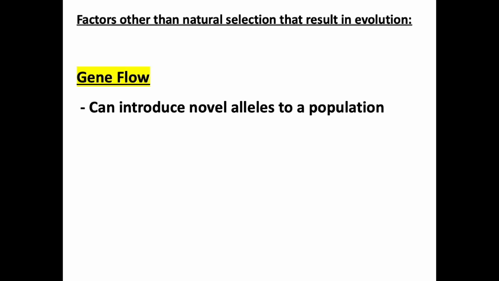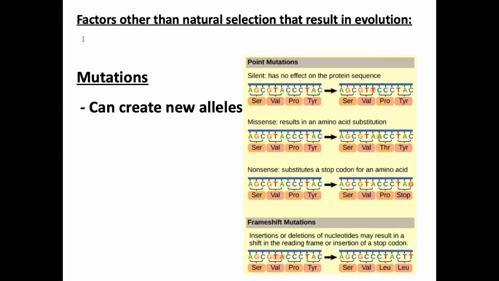If we want to talk about actual new, we can bring up another factor other than natural selection that can result in evolution: mutations, which I've already mentioned. Mutations can create new versions of things. Mutations are the only thing that can really create absolutely brand new versions of genes, brand new alleles. That definitely affects the genetic makeup of a population.